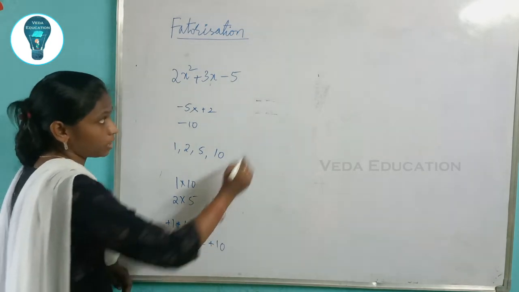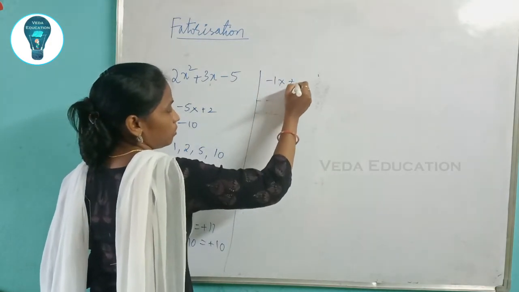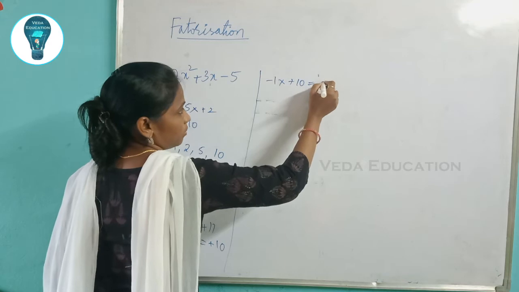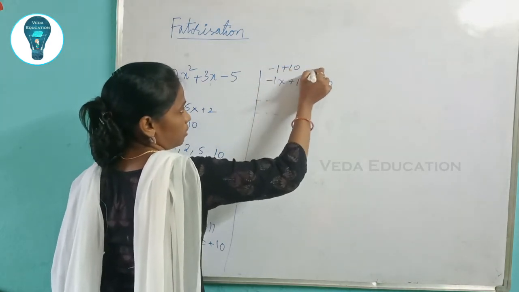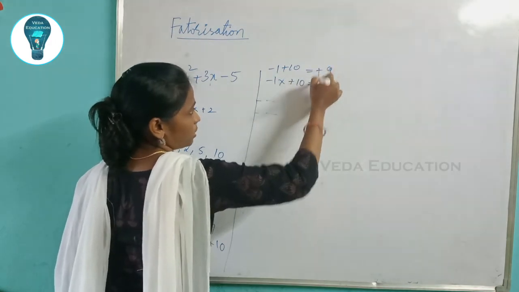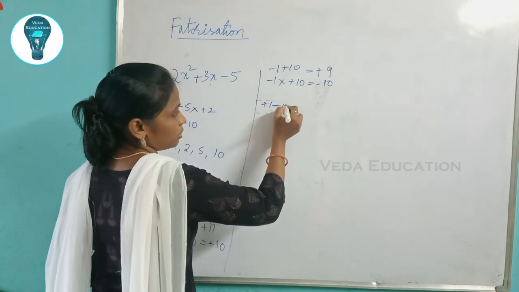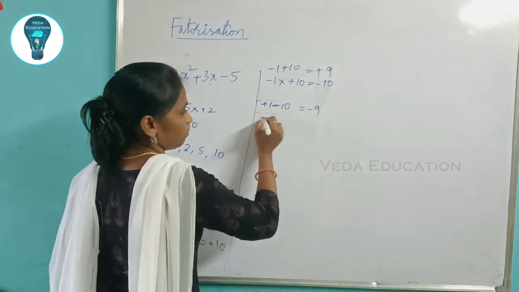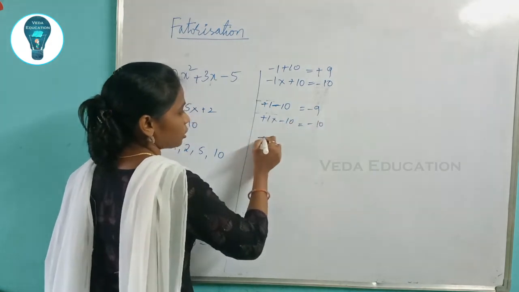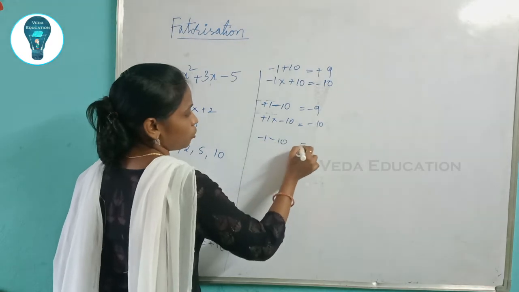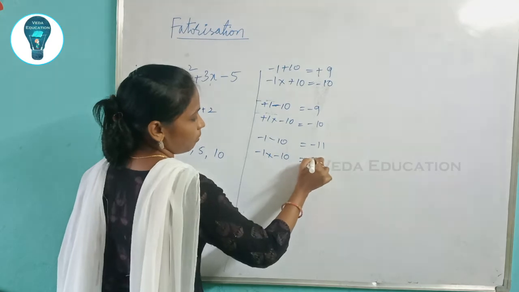Next, minus 1 into plus 10 you get minus 10, and minus 1 plus 10, the sum is plus 9. Next, plus 1 minus 10 is minus 9, and plus 1 into minus 10 you get minus 10. Next, minus 1 minus 10 is minus 11, and minus 1 into minus 10 is plus 10.